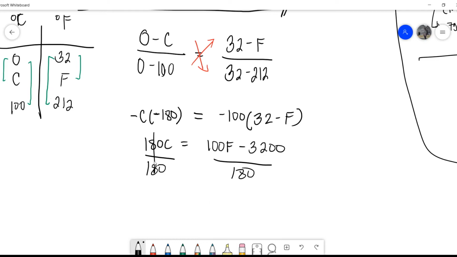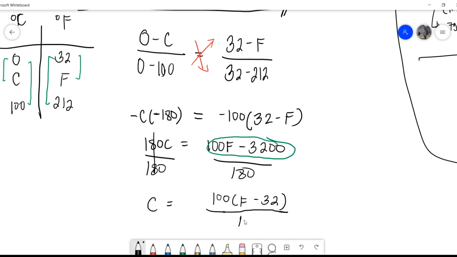Cancelling, we will have C on this side. Then maybe we could factor this equation out. Factoring out, we can have 100 times F minus 32 divided by 180.